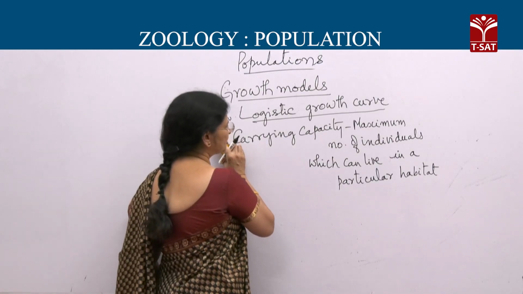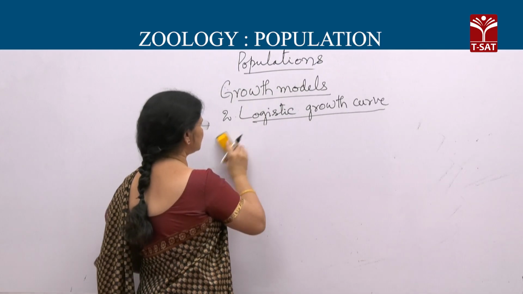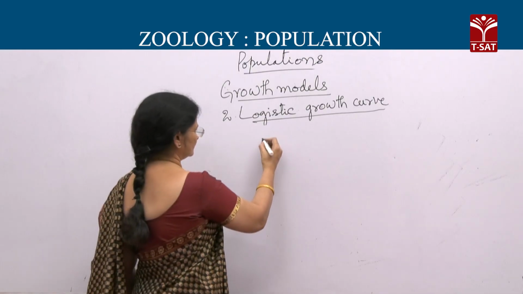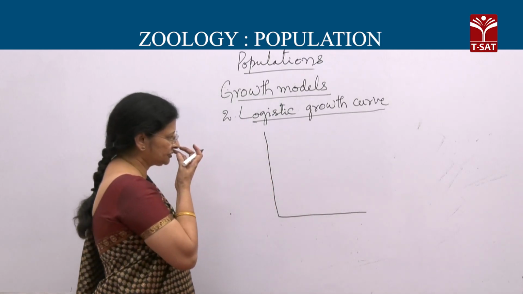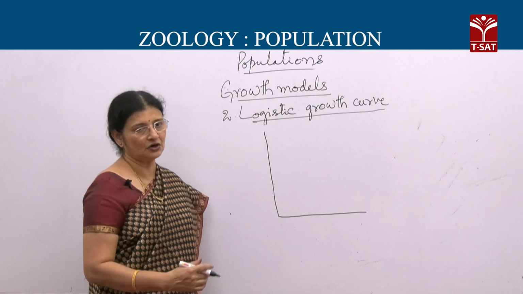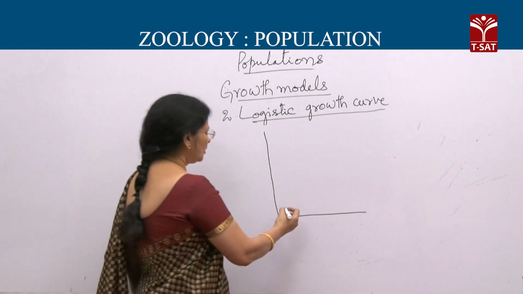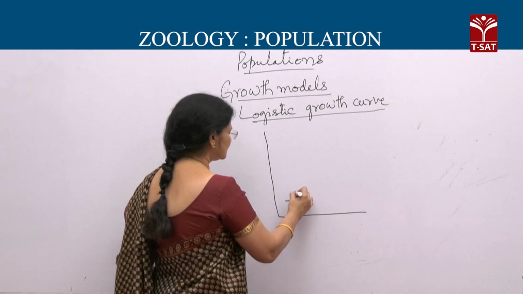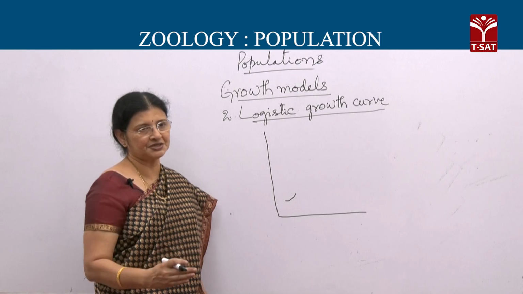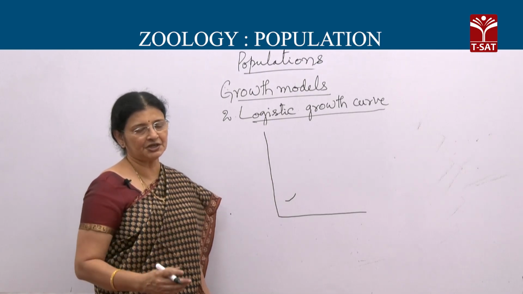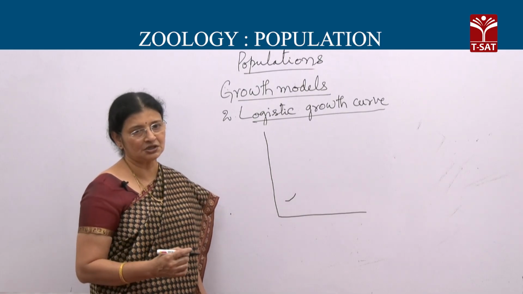So in this logistic growth curve, we find different stages in the population. Suppose you take an example, in a newly colonized, newly developing population, initially the growth would be slow, because the individuals which are starting that population, or which have entered into that new area, take some time to get acclimatized, to get adjusted to the surroundings.